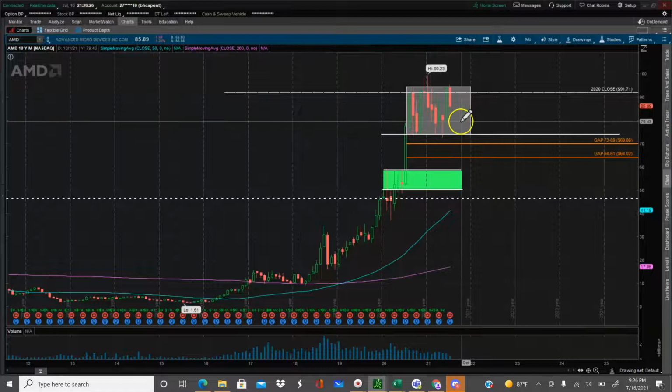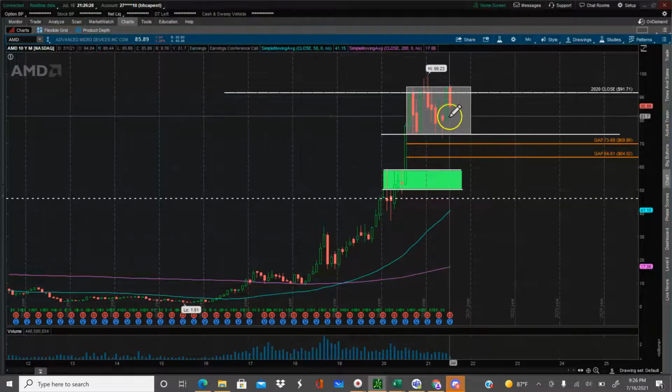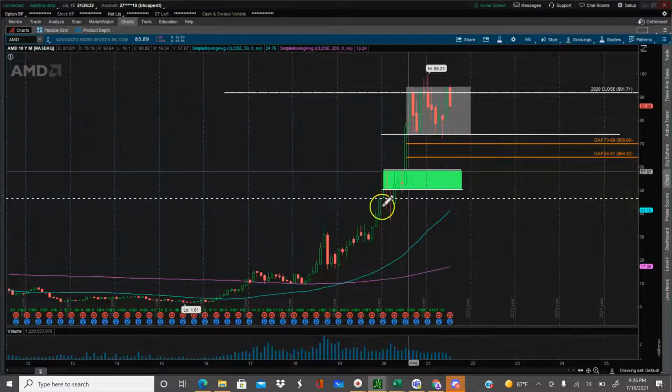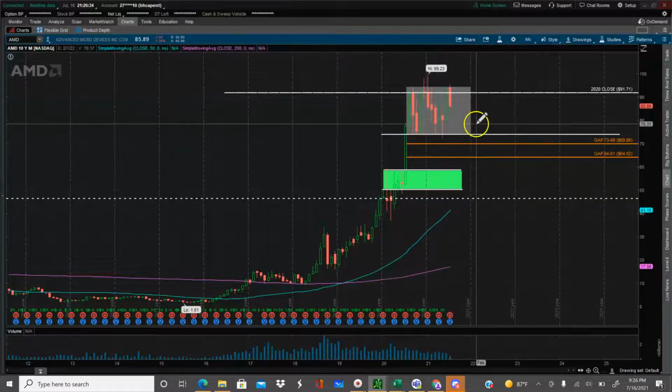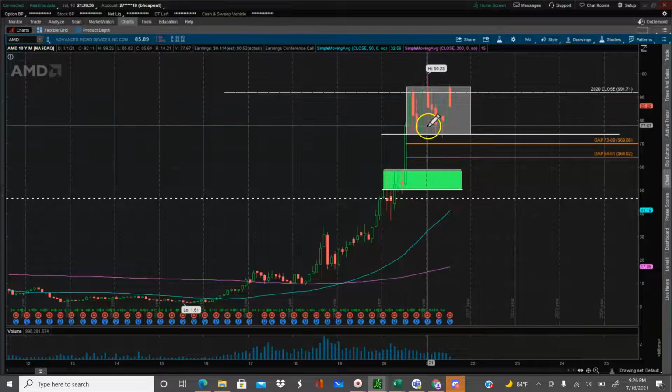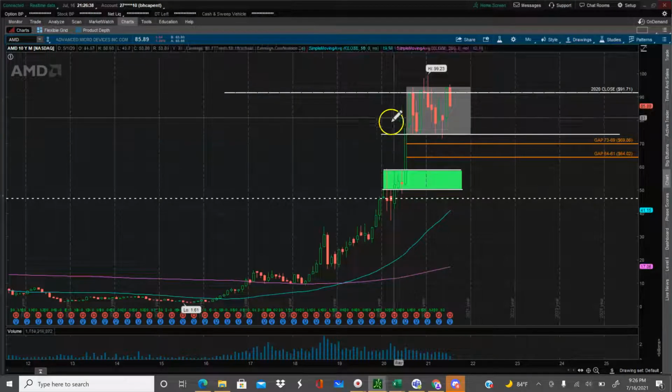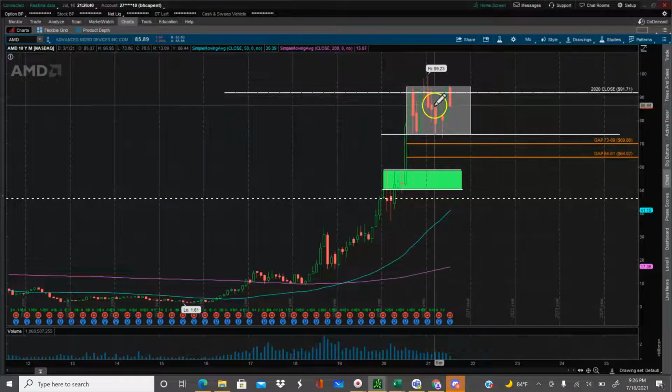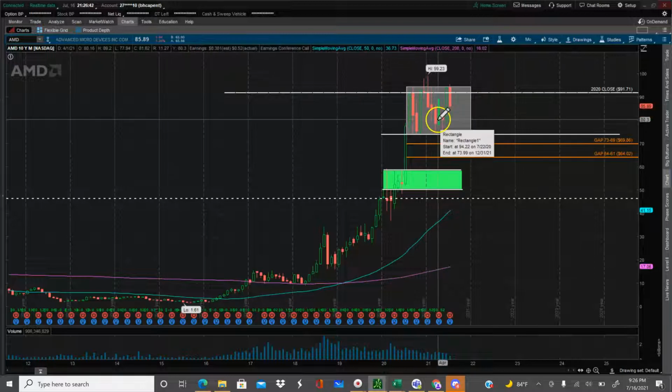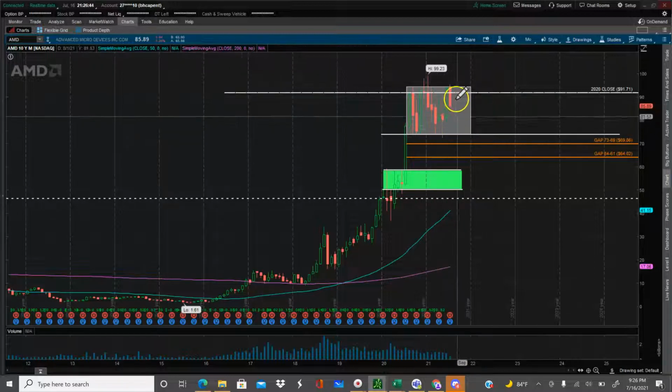In my opinion, AMD trading inside this area is pretty much range bound. You can see clearly on the monthly chart that AMD has already transitioned into, and has been there for several months now, phase three of the market cycle.